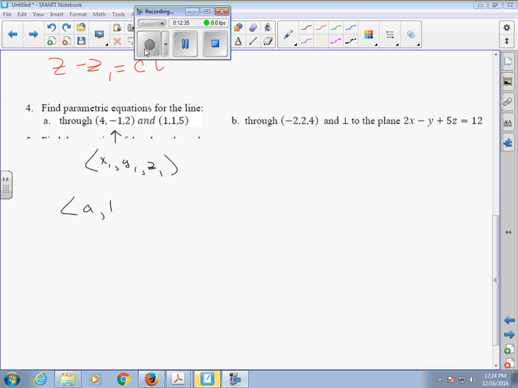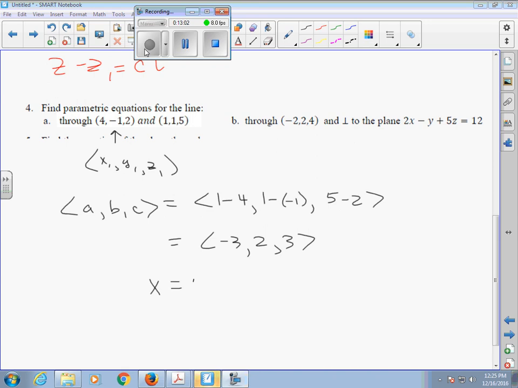So ABC, our directional vector, is simply our ending minus initial. I'm considering 1, 1, 5 to be my ending. So I have 1 minus 4, 1 minus negative 1, and 5 minus 2. So therefore, the directional vector is negative 3, 2, 3. That's ABC. So now we just plug it in the formula.